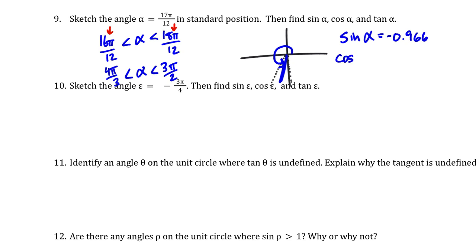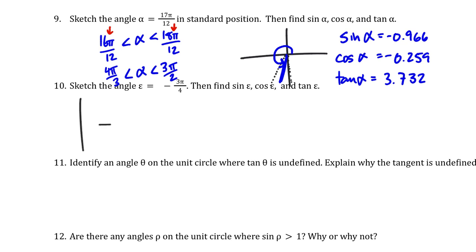The cosine of alpha is equal to negative 0.259, and the tangent of alpha is equal to 3.732.